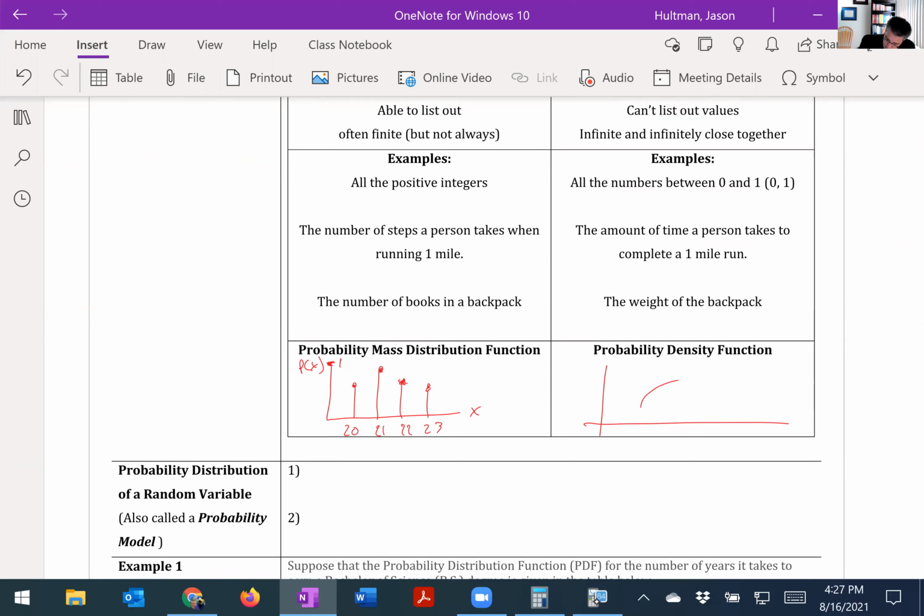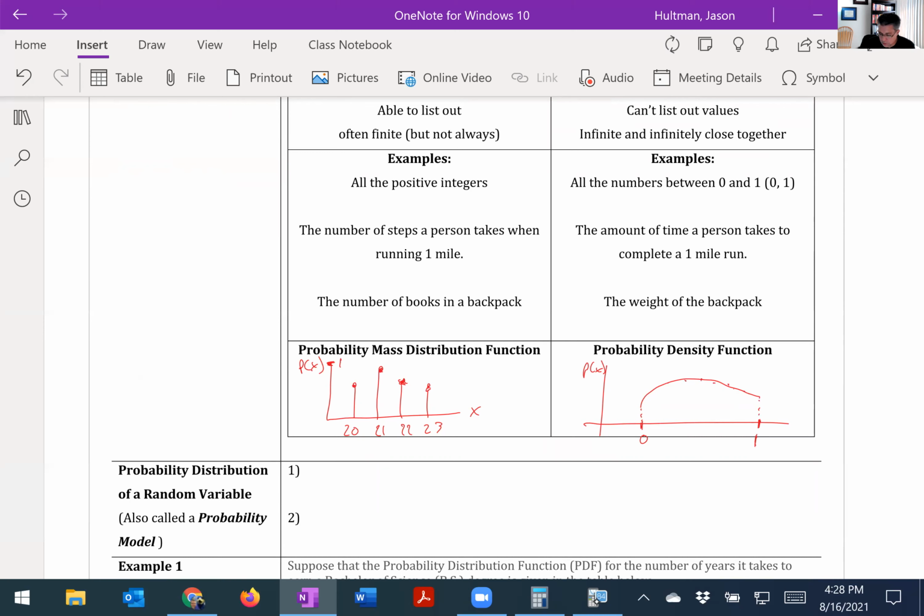Okay, what does the probability density function look like for this one, the distribution? It's going to be a curve, some sort of function. Usually start somewhere and stop somewhere. And all of the values between, say, 0 and 1 here, all the probabilities, P of X, are shown for every single value between 0 and 1.